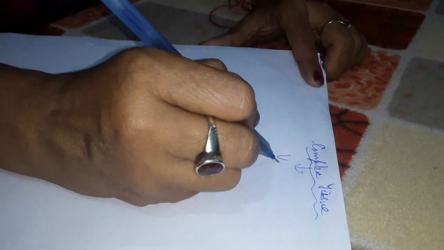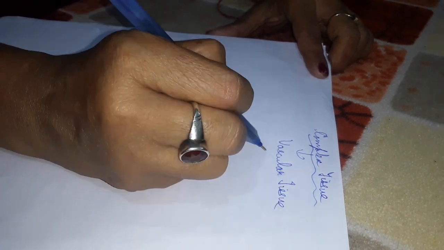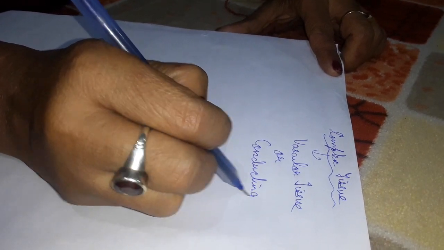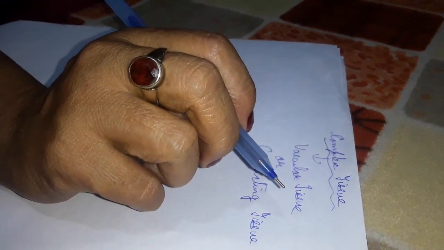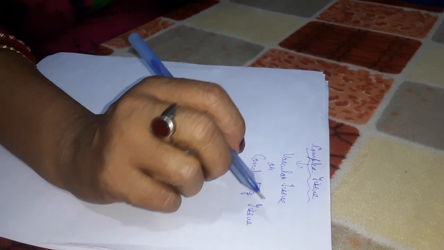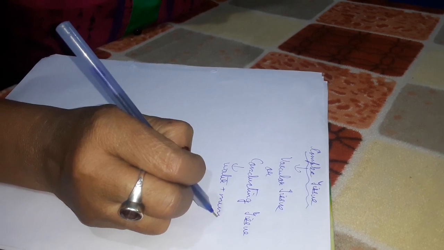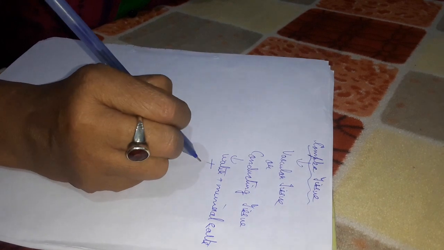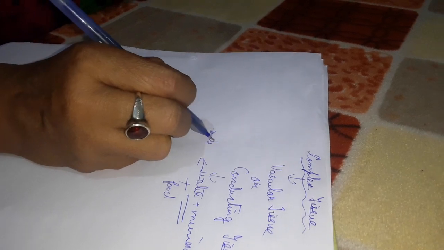It is also known as vascular tissue or conducting tissue. Now, why are they called vascular tissue or conducting tissue? Because they help in the conduction of water and mineral salts and food from roots to leaves.